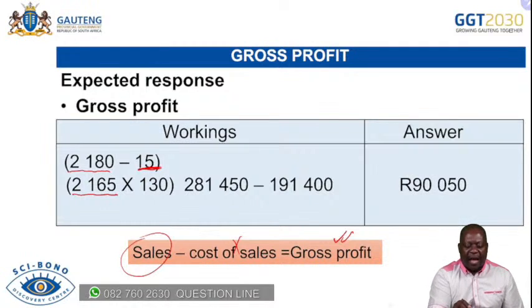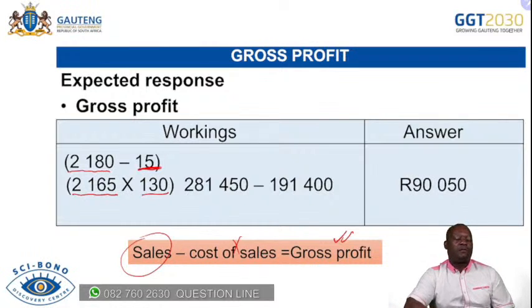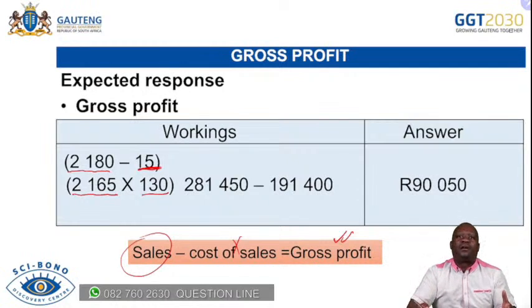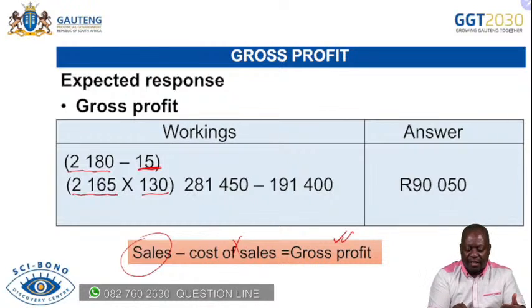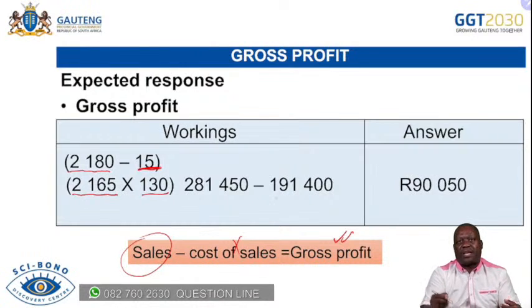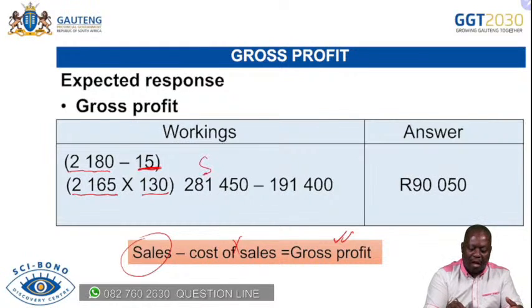And then we multiply by the price per bag, 130 per bag. That's the information we have. 2,165 bags ultimately gone, and we multiply by 130, which is the price per unit. And it gives us 281,450. So this is our sales.